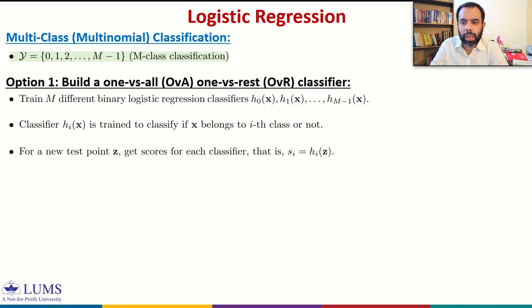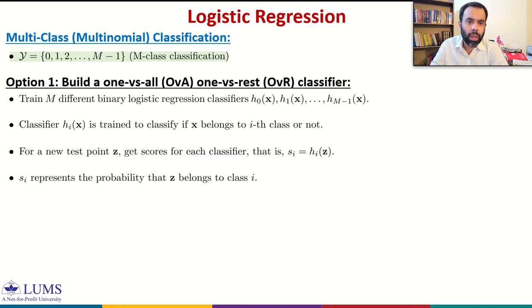For a new test point z, we obtain scores for each classifier. That is, si is a score which is the probability that z belongs to the ith class or not. Since we have m different binary classifiers, we obtain m different scores. Each score represents the probability that z belongs to that class.